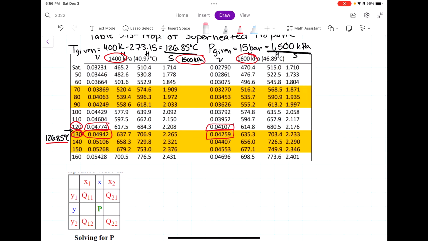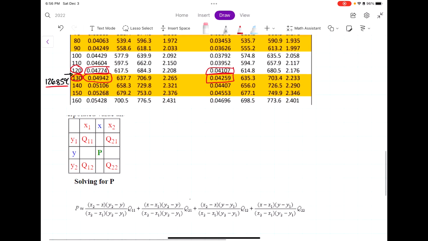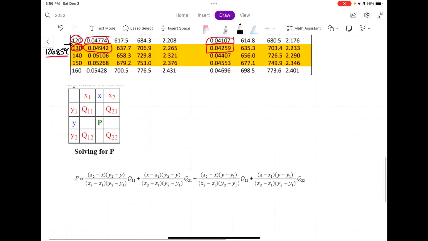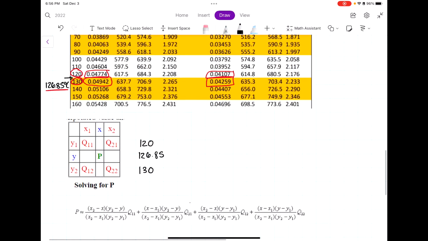Alrighty, so I'm going to set up my double linear interpolation with this table right here. My y1 is going to be 120, my lower bound. Then I'm looking for 126.85, and my upper bound is 130 for my temperature.